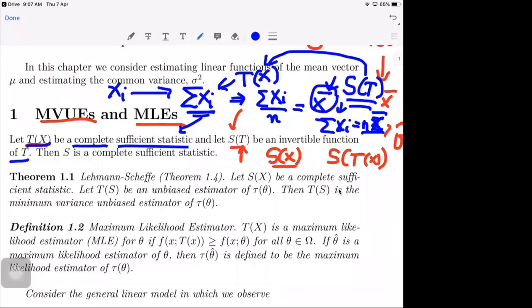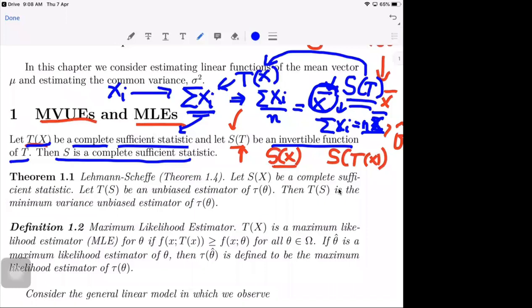So it means that it is an invertible function of T. Then S is also a complete sufficient statistic. Meaning, x bar here is also a complete sufficient statistic. So a function of a complete sufficient statistic is also a complete sufficient statistic.